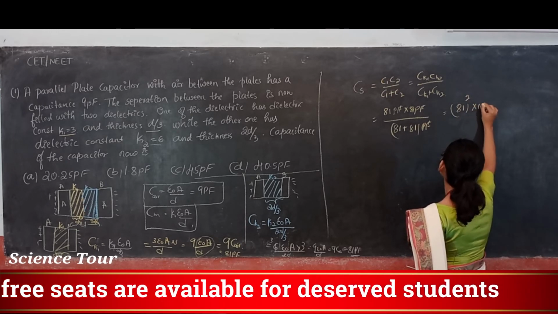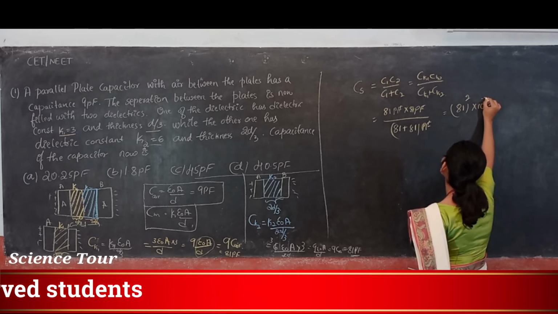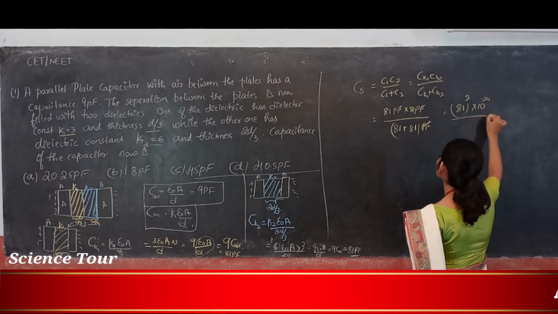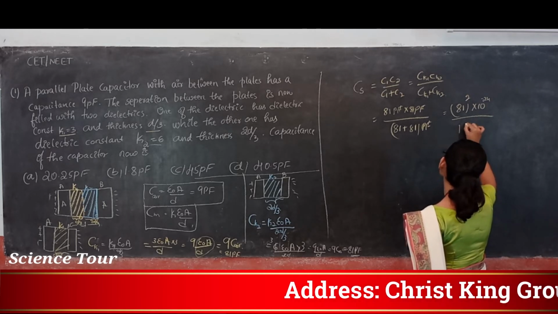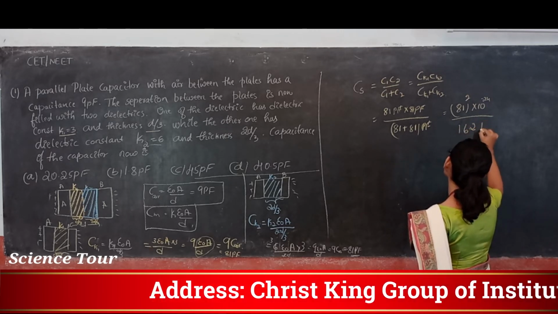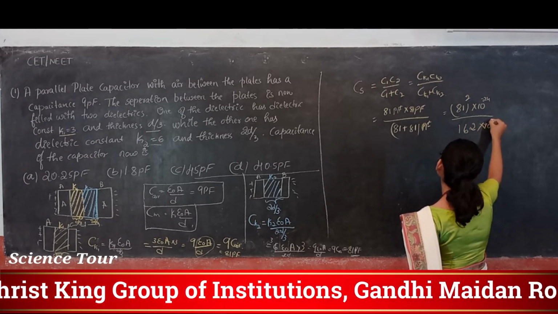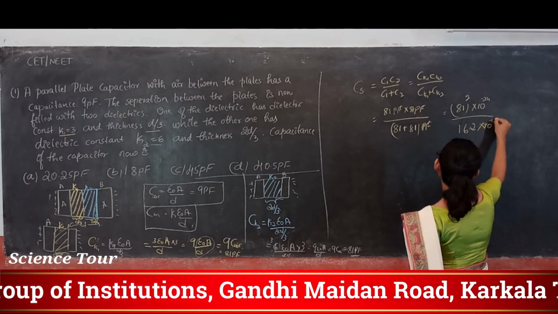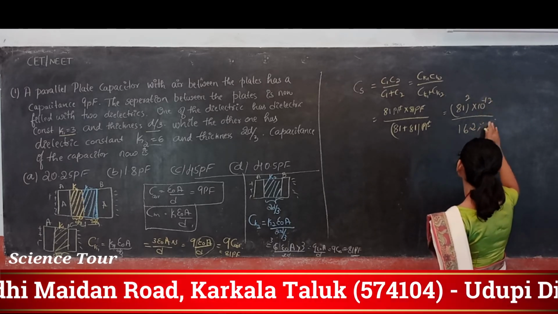into 10 to the power of minus 24, since pico means 10 to the power of minus 12, divided by 162 pico, which is 10 to the power of minus 12, so this gets cancelled and it will be minus 12 itself.